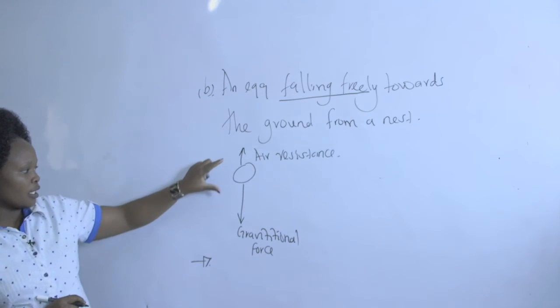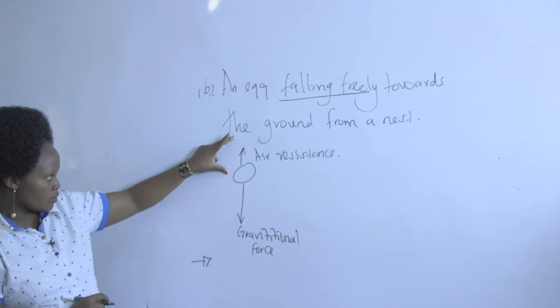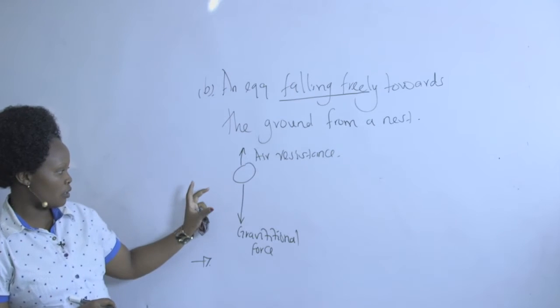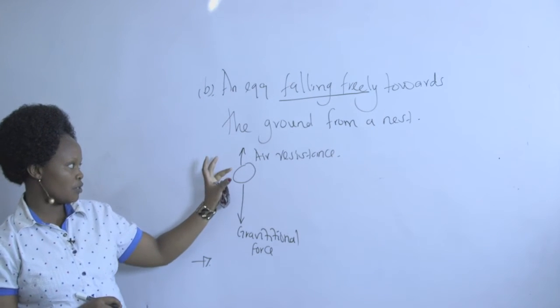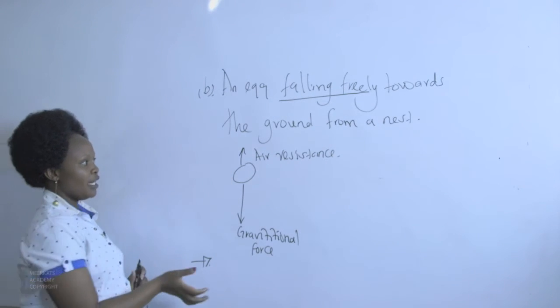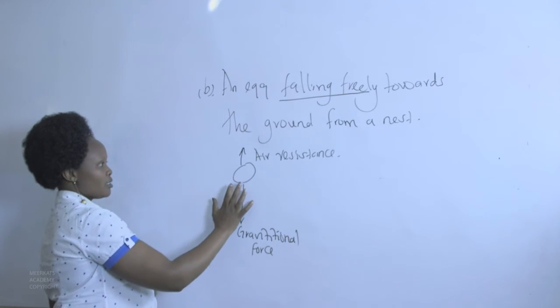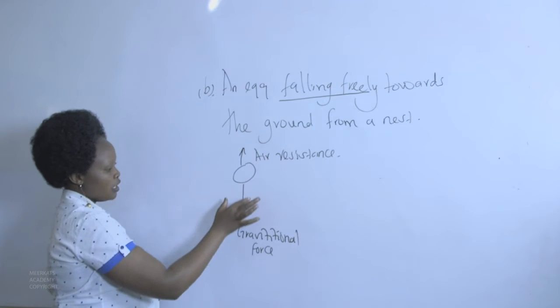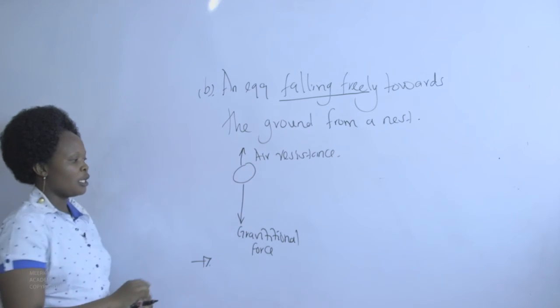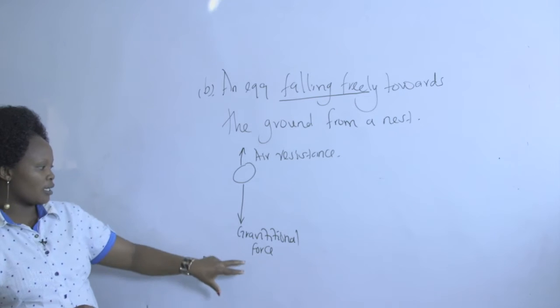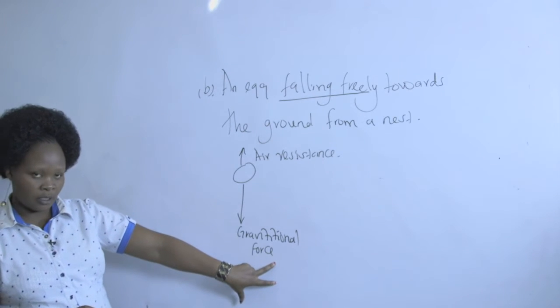Again, look at the sizes of the arrows and the direction of action of our two forces. We have an air resistance which acts upwards. Then we have the gravitational force which is pulling the egg towards the center of the earth.